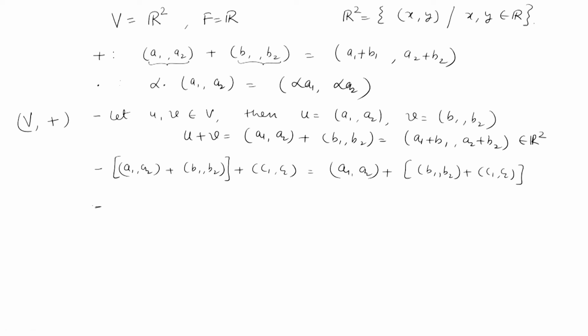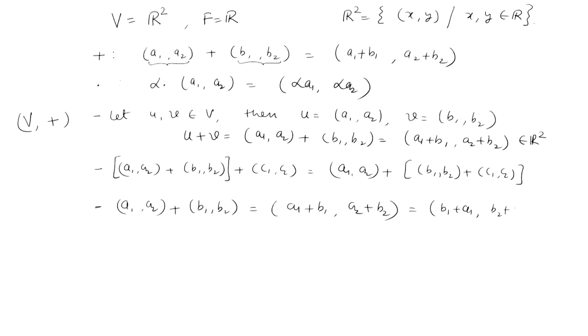The third property is commutative. The commutative property is very simple. If you take A1 A2 plus B1 B2, any two elements of R2, and add them by this addition operation, you can see that it is equal to A1 plus B1, A2 plus B2, which can be written as B1 plus A1, because real numbers are always commutative. 2 plus 3 is the same as 3 plus 2.